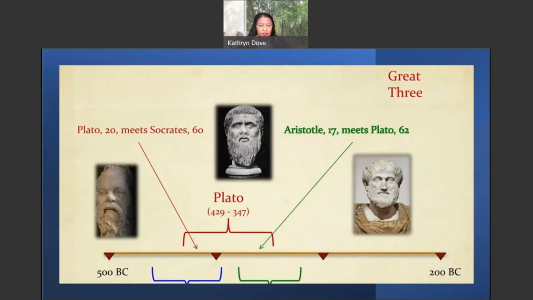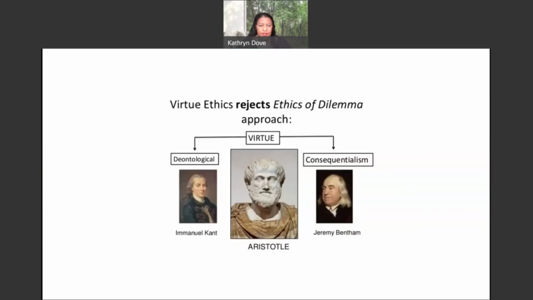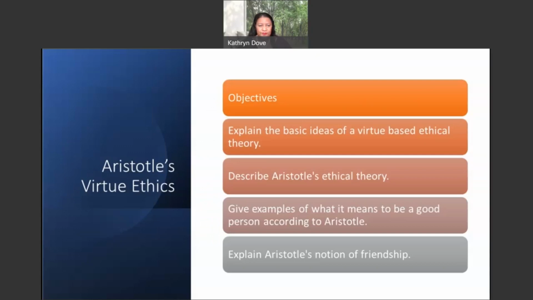One thing that Aristotle wrote about was virtue. Aristotle's virtue ethics is different from the ideas that we discussed in Module 2. Aristotle rejects duty-based ethics. He also rejects consequentialism and utilitarianism, and instead, for Aristotle, the focus is on virtue.